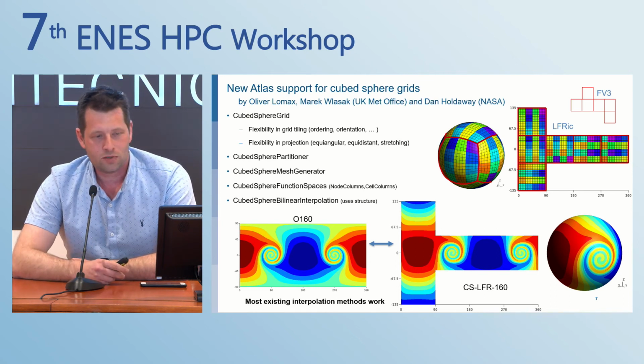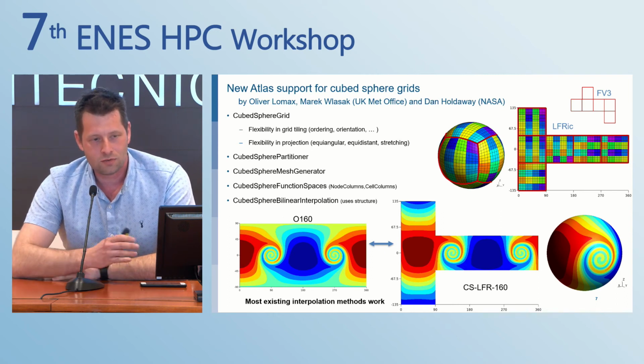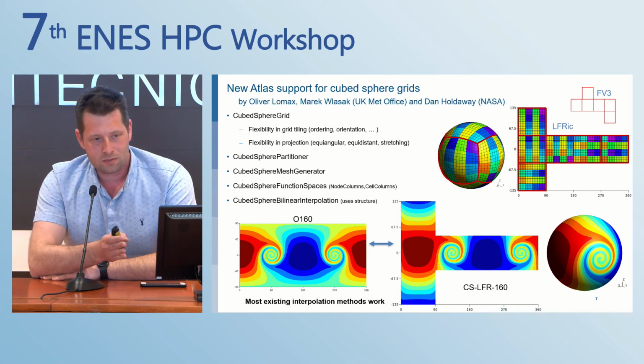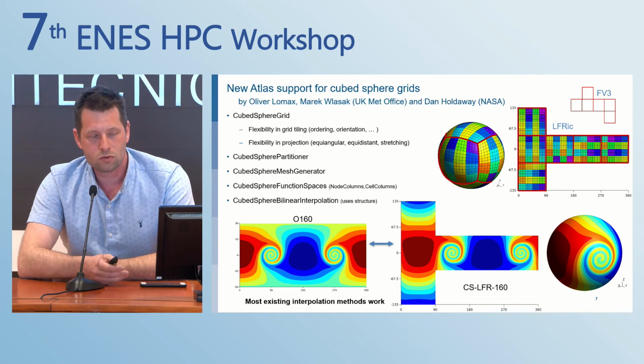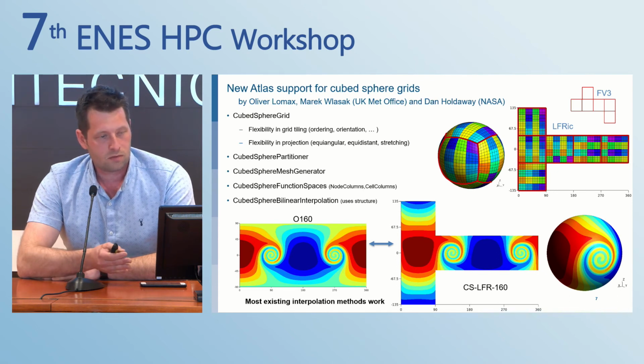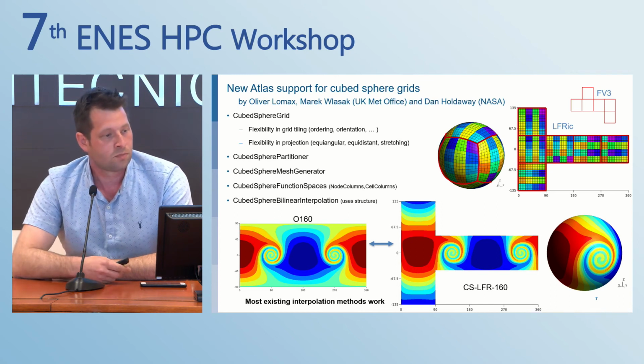So you have a cube sphere where you unfold it and you have some kind of rotated T, or for FV3, they have a slightly different orientation of tiles. And so there's a different projection from some kind of tiled view to the spherical view, so about how the tiles are ordered. And then another difference could be that you use equiangular or equidistant projection to do the stretching to get the projection on the sphere.